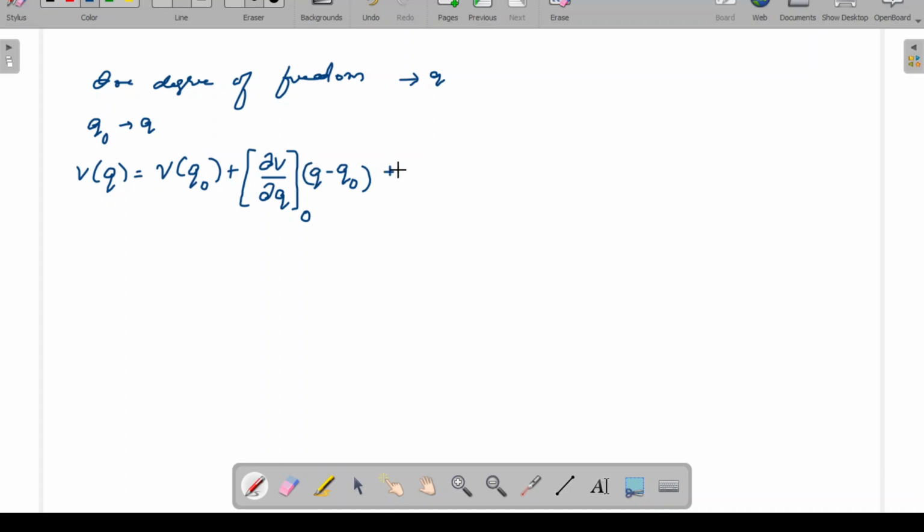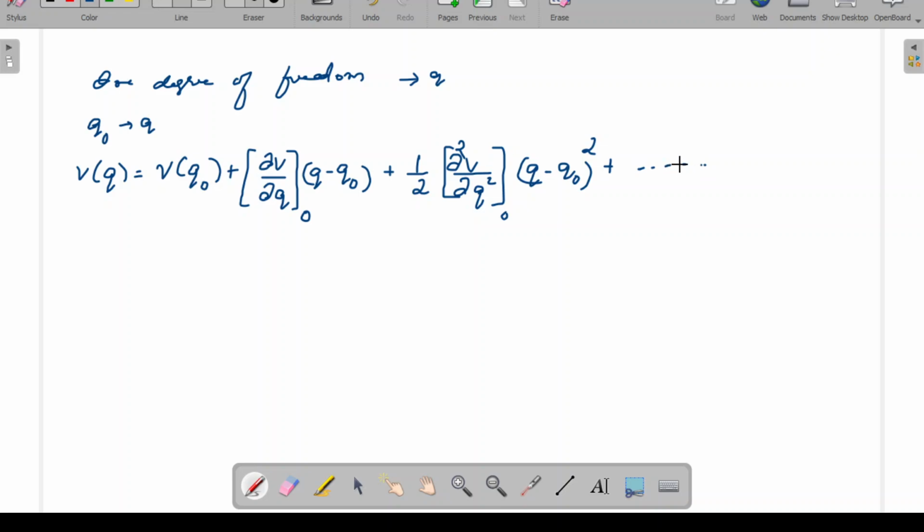Next comes the second order term, that is 1/2 times ∂²V/∂q² at the equilibrium times (q minus q0) whole squared, then all the higher order terms.